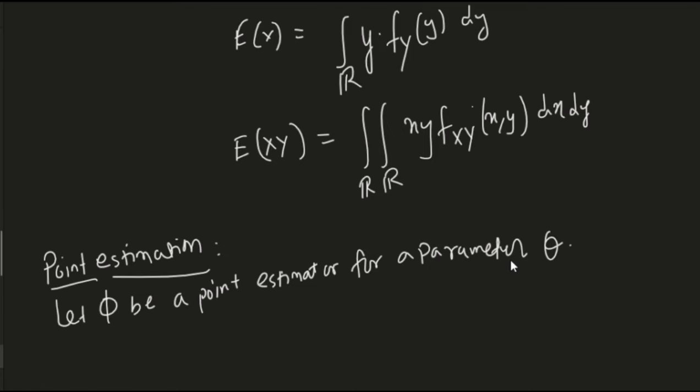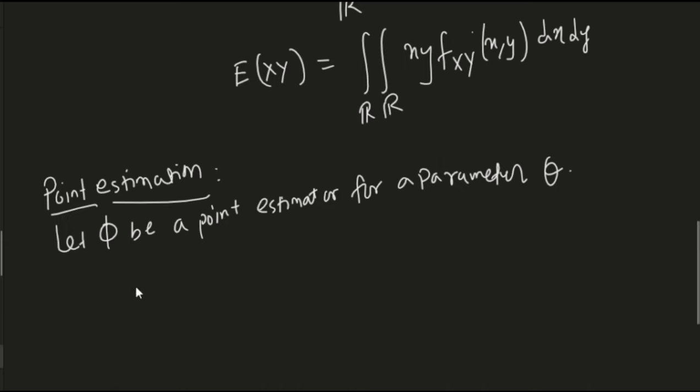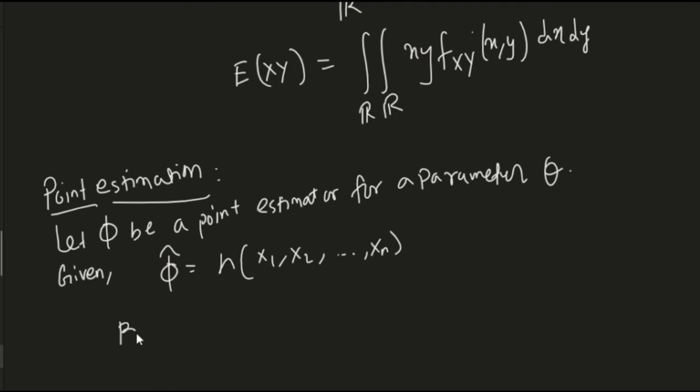Now what we do know is bias of an estimator is as follows. So bias of an estimator is given by expected value of the estimator minus the parameter.